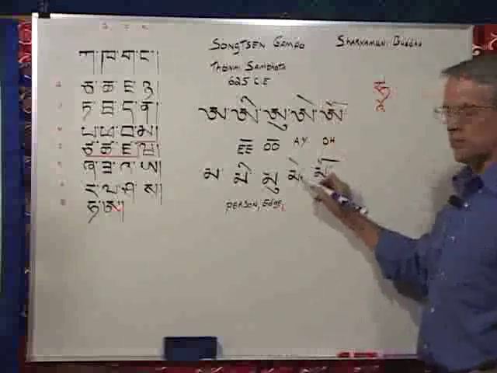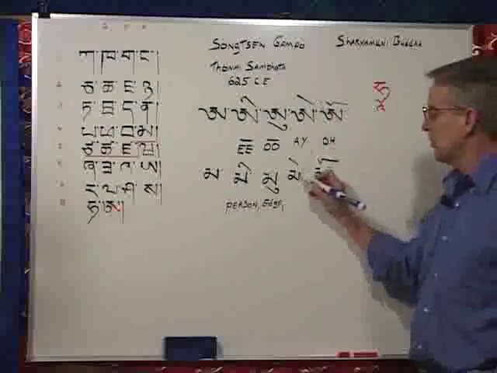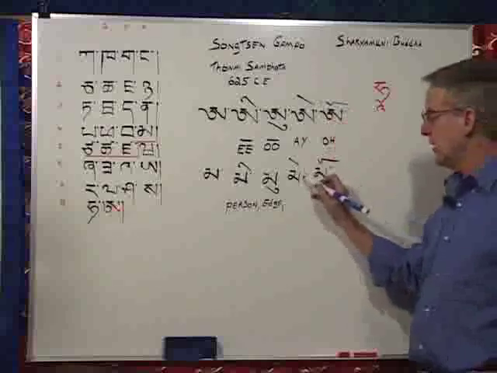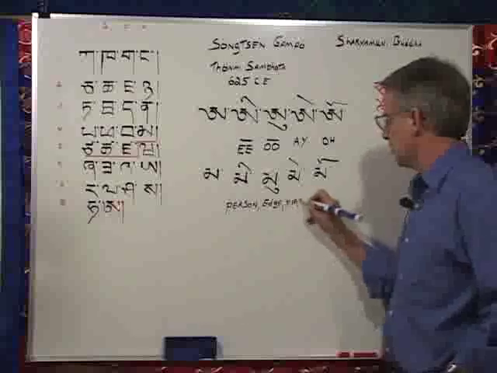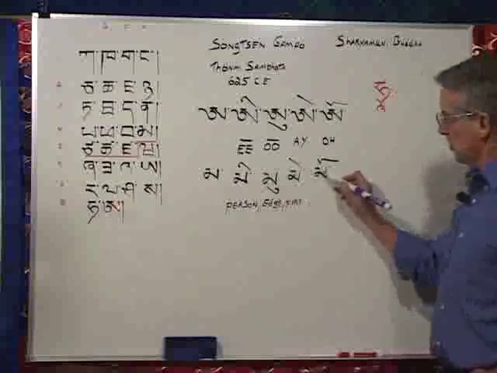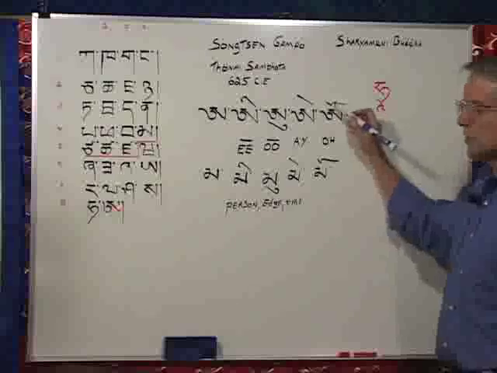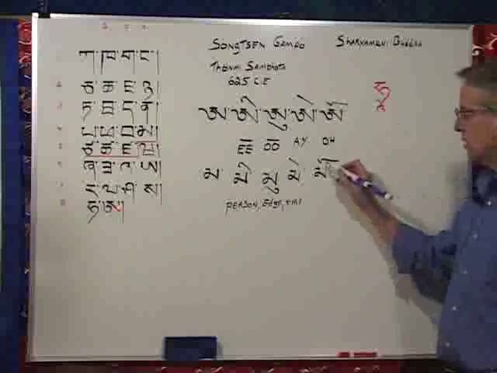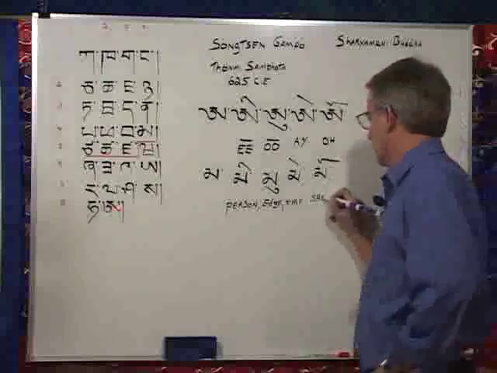Taking the consonant ma, again, adding the drengbu vowel sign to it, we get the sound may, which is a word meaning fire. And using the ma once again, the root letter we call it here, with the vowel sign naro, which gives us o, we get ma, naro, mo, which means she.